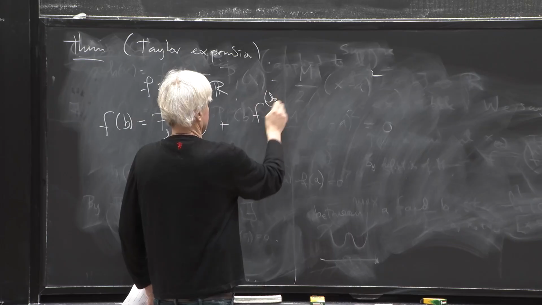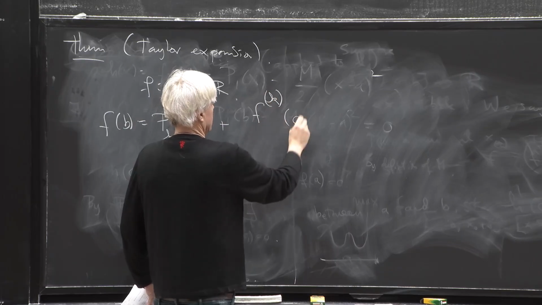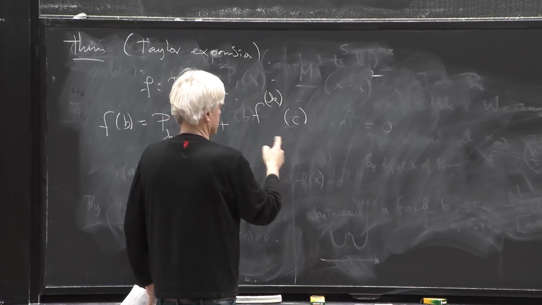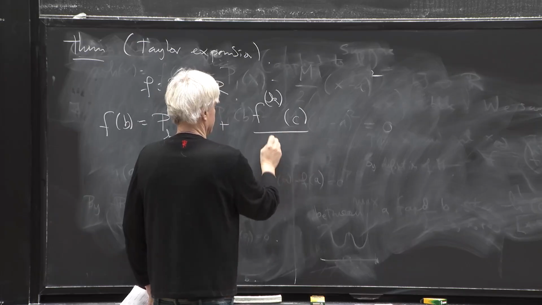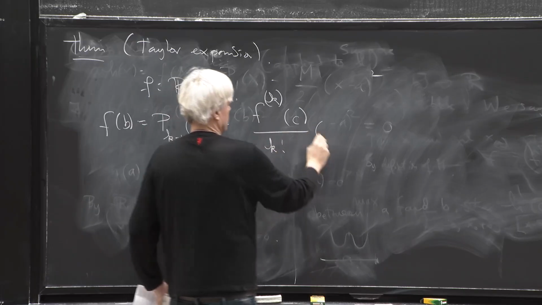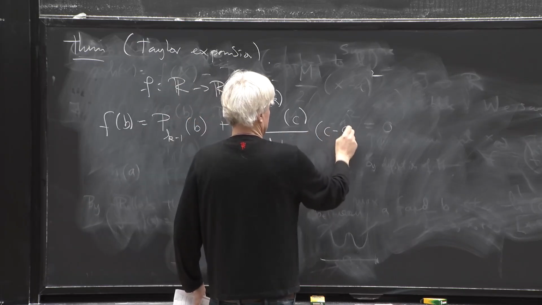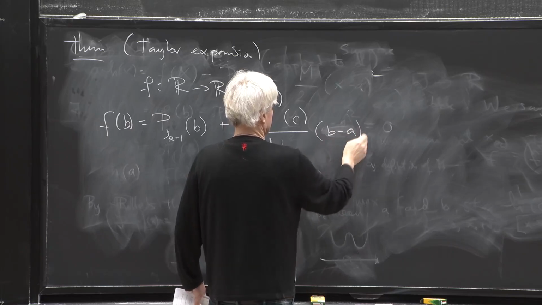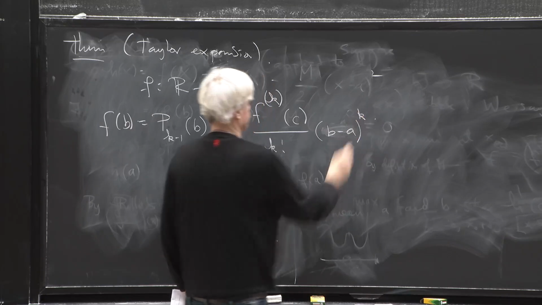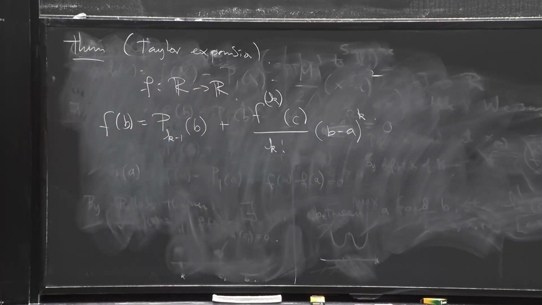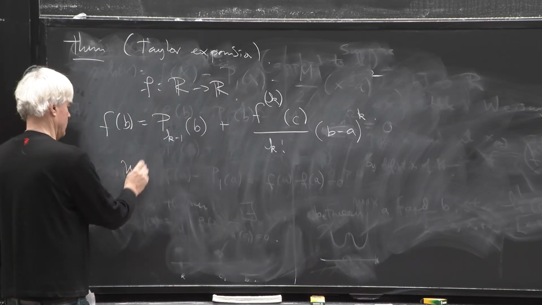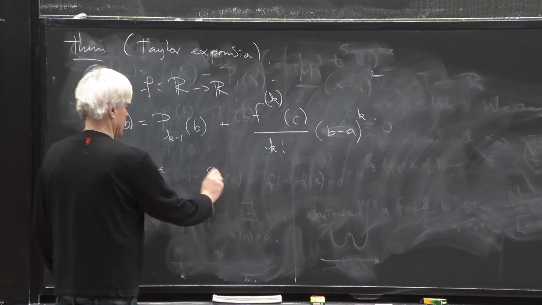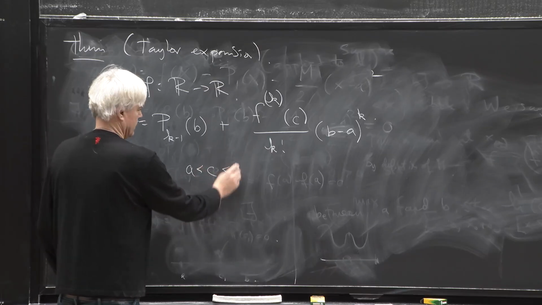This is the k-th derivative of f at an intermediate point c, divided by k factorial, times b minus a to the power k, where c here is lying between a and b.